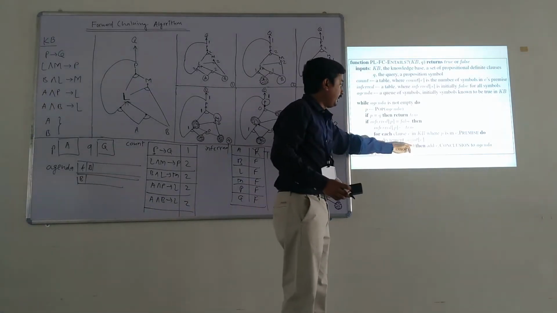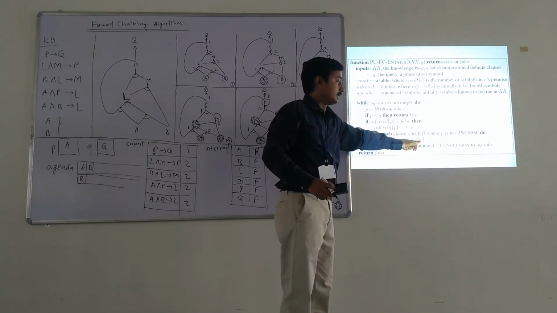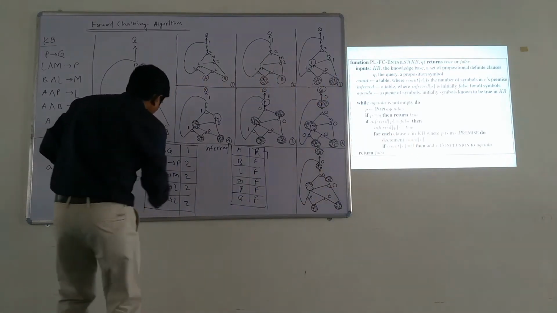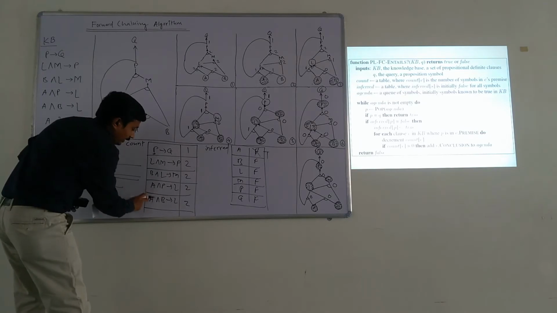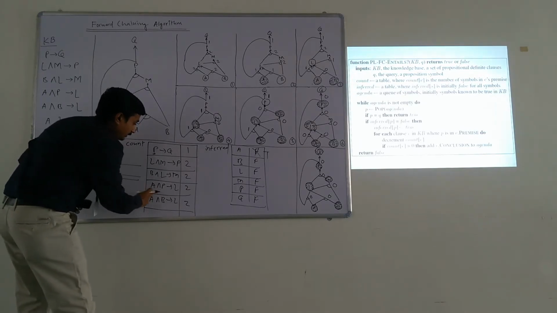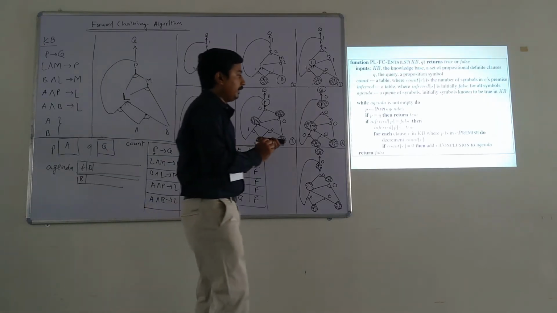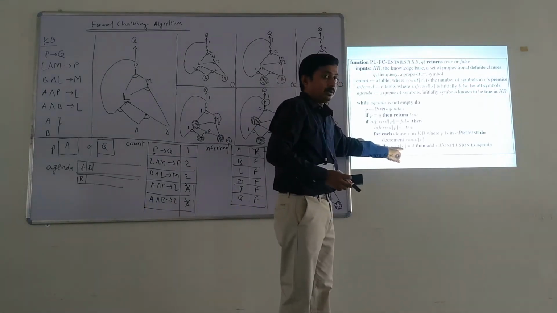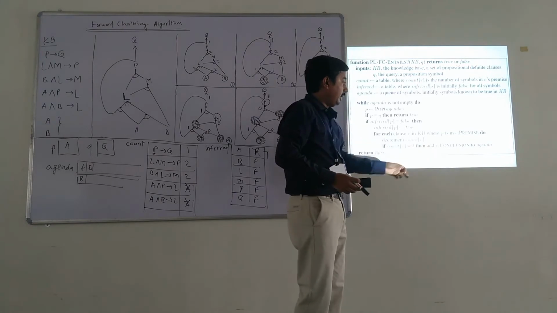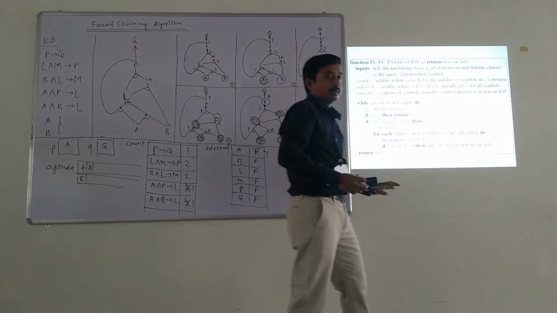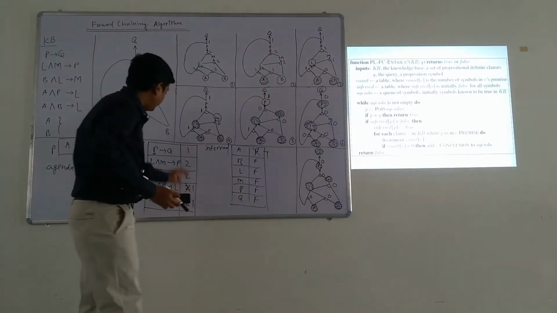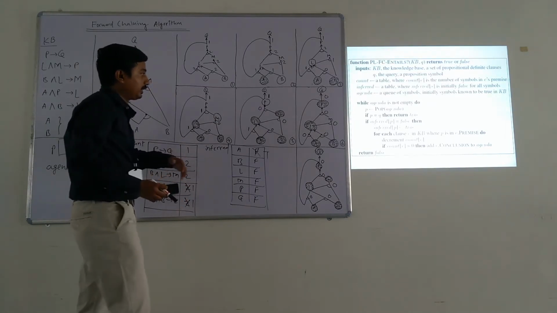We have to decrement the count for those clauses. Then if the count of that particular clause becomes 0, we have to add its conclusion to the agenda. Still we don't have a count of 0, so we will continue.